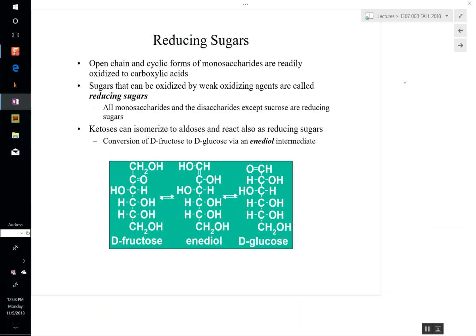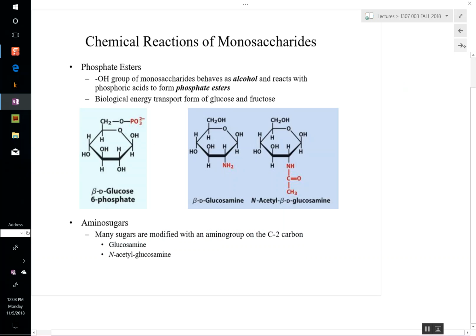This slide is just the explanation for why fructose will give a positive Benedict's test when it is not an aldehyde functional sugar. Benedict's reagent gives you a positive test with glucose. A number of you have seen that in the 1107 lab.